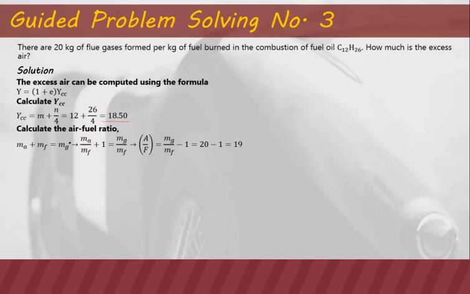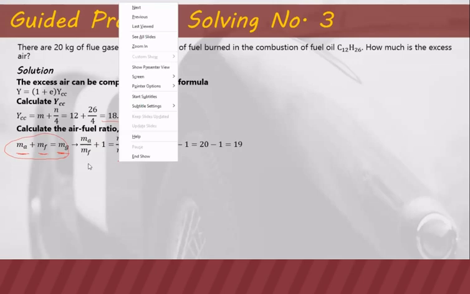We all know that by conservation of mass, the mass of air plus the mass of the fuel is equal to the mass of the product or the flue gas. If we divide all of this by the mass of the fuel, this will result in mass of air over mass of the fuel plus 1 is equal to mass of gas per mass of the fuel.